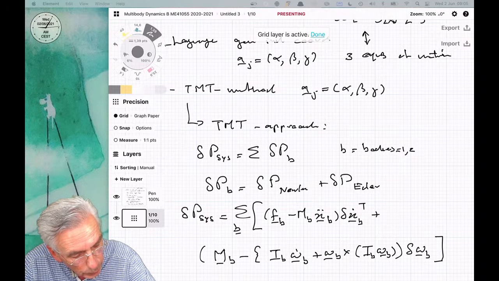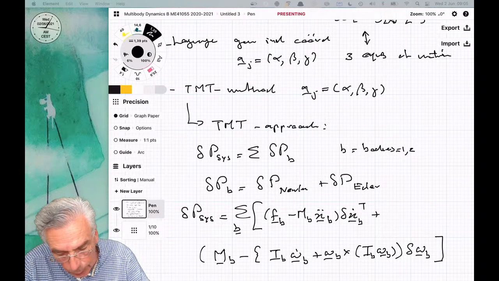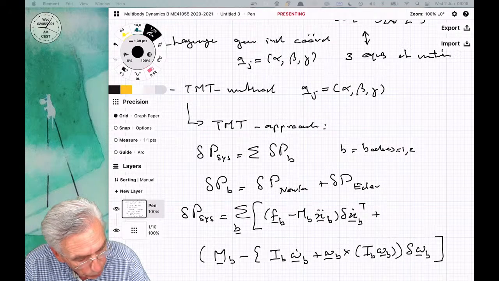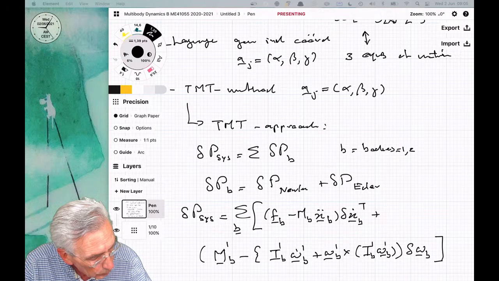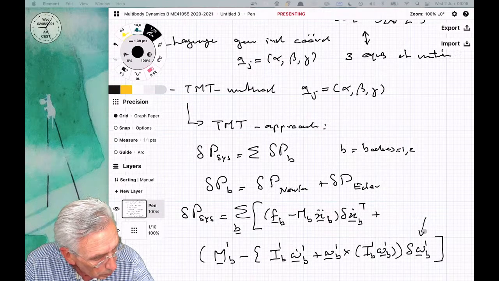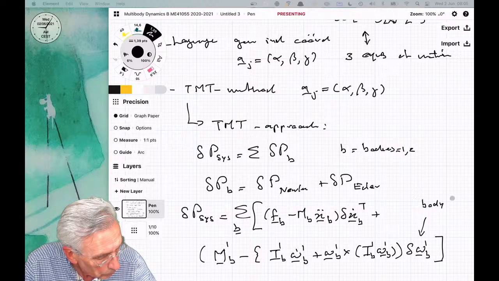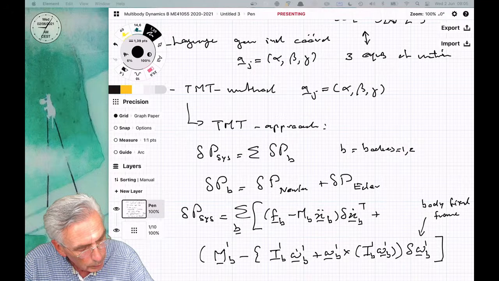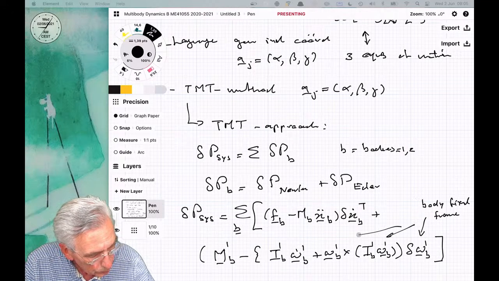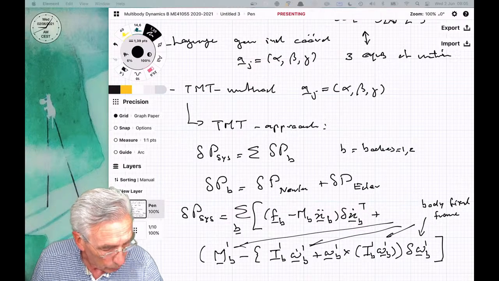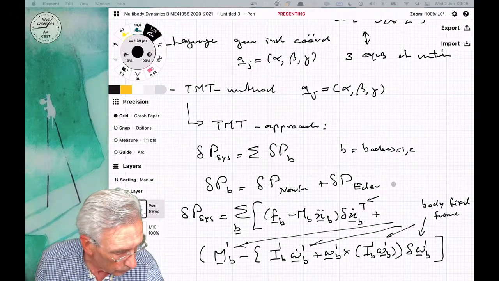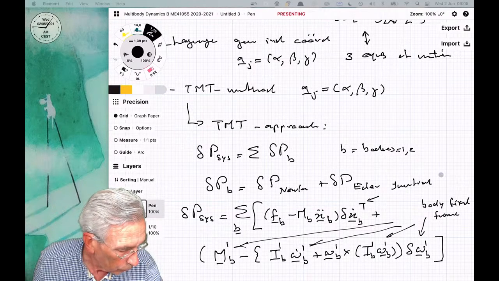So what we really like to do is actually put everything in a body fixed frame. So for here I'll put a prime there to indicate that everything is in a body fixed frame. All terms, right? Everything. And of course this is all inertial fixed. Inertial fixed frame or triad.